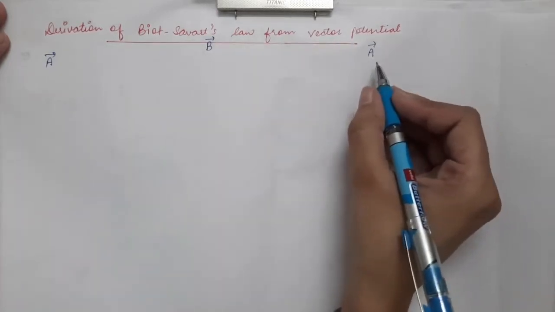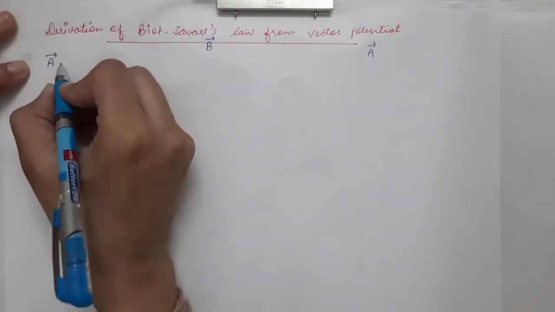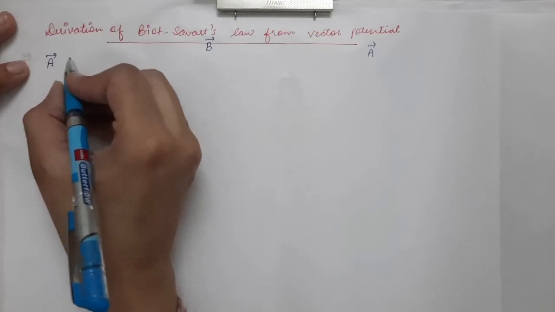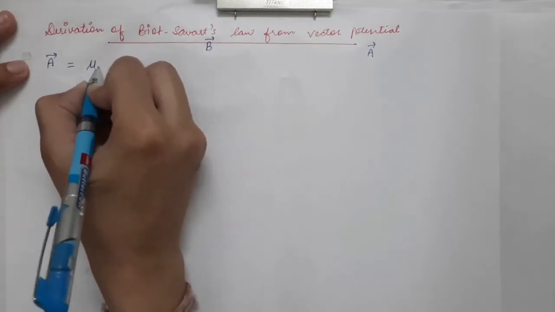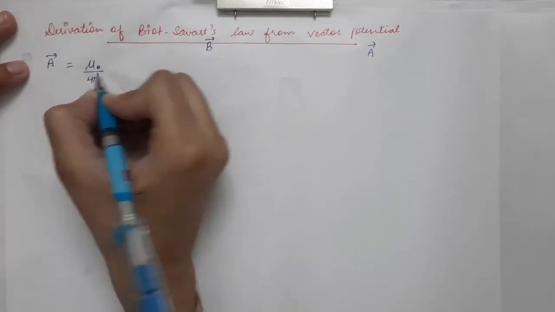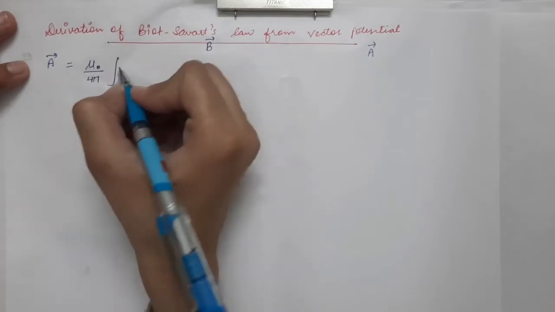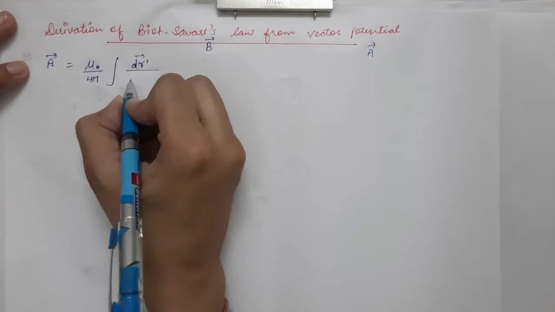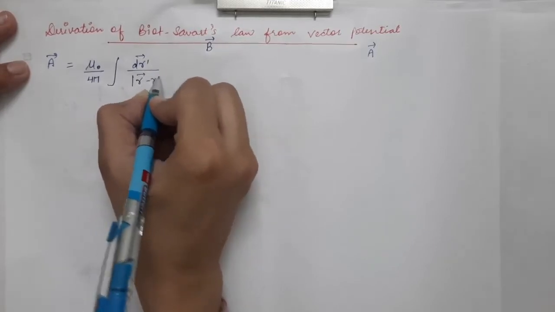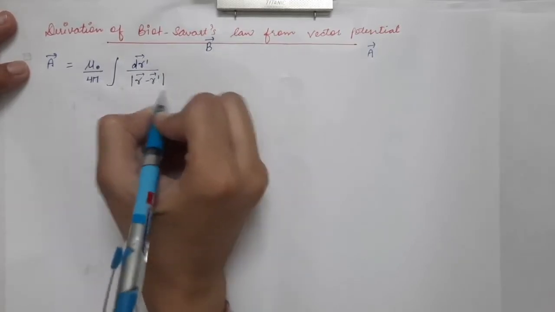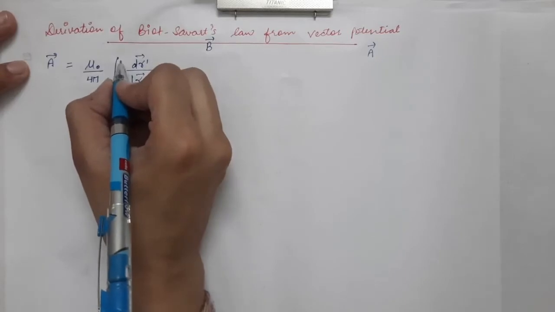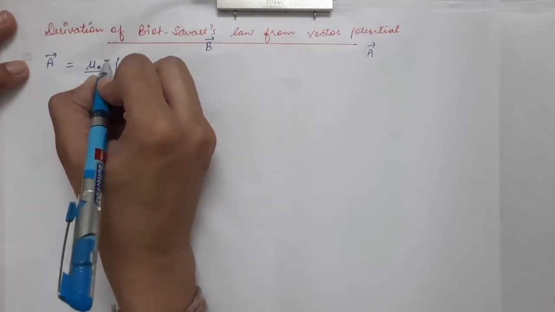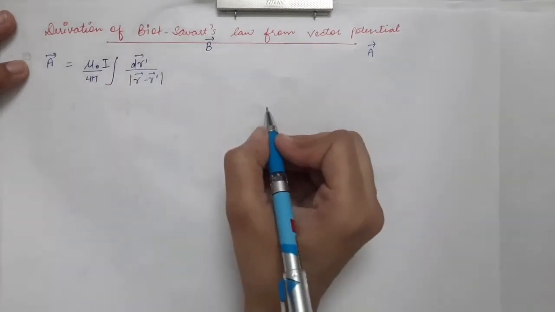Firstly, we will start with the expression of the A vector for the case of a line current distribution, and that is given by mu naught divided by 4 pi, and inside the line integral you have dr prime vector divided by the magnitude of r vector minus r prime vector, and in the numerator you have the current, which can be taken outside the integral, so you can write it in this way.